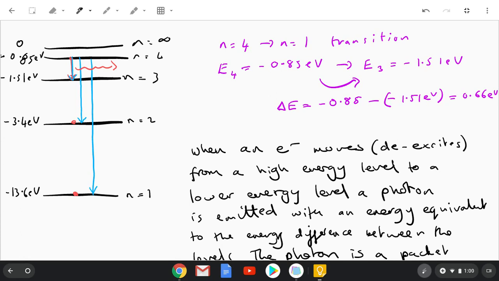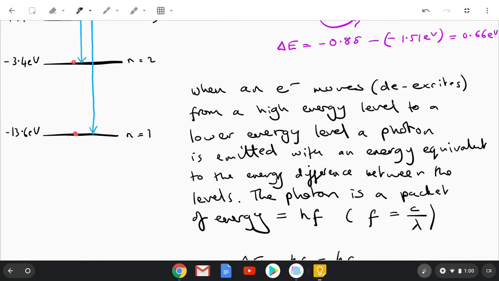Now, let's extend that. When the electron, let's stick with n equals 4 for a second, de-excites or transitions from 4, jumps straight to the second orbit, or n equals 2, that's a bigger jump. That means that the energy difference is large.